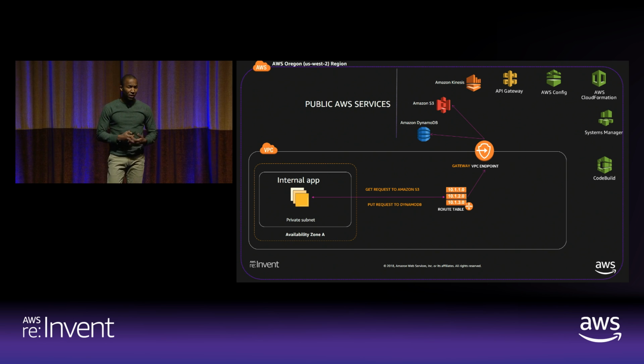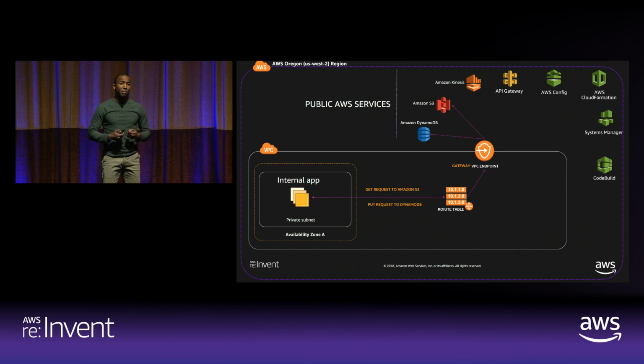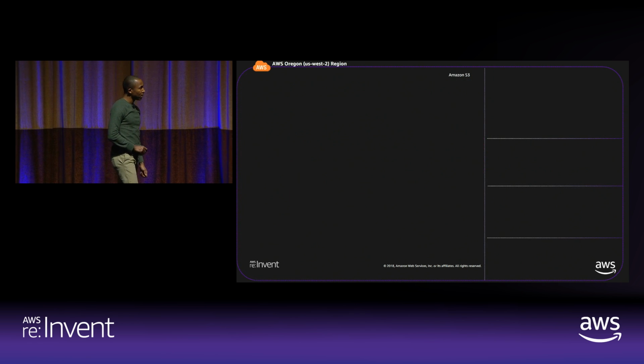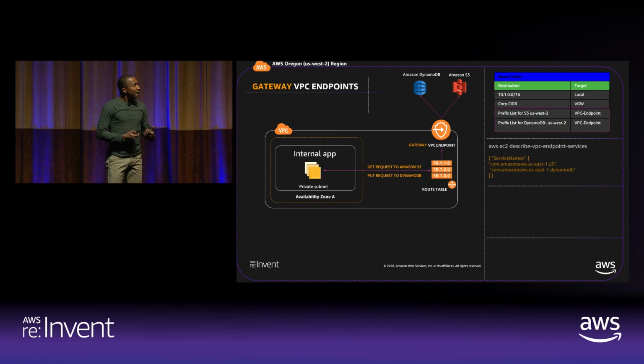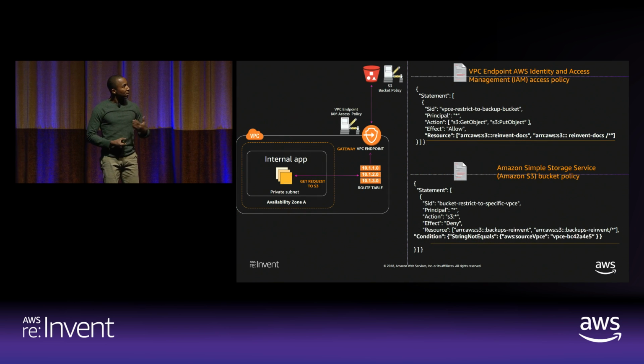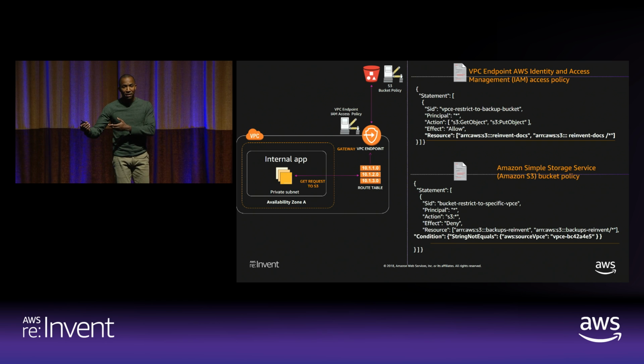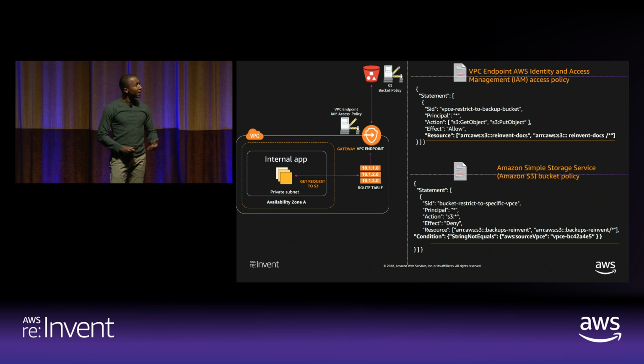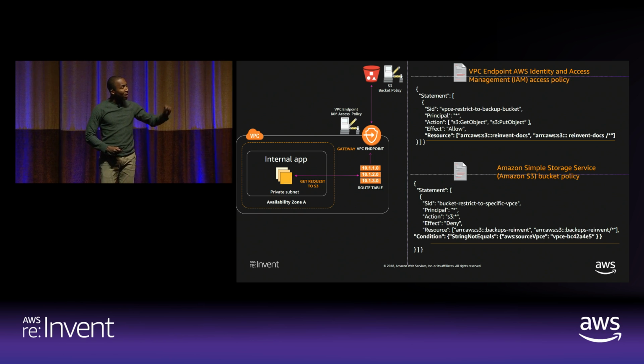Another thing that we do for you is give you the ability to define endpoint policies. An endpoint policy basically tells us what resources have access to this endpoint and what resources this endpoint can actually access. So if you look at S3, for example, I can specify the principals that have access to this endpoint, and then I can specify what buckets this endpoint can communicate with.